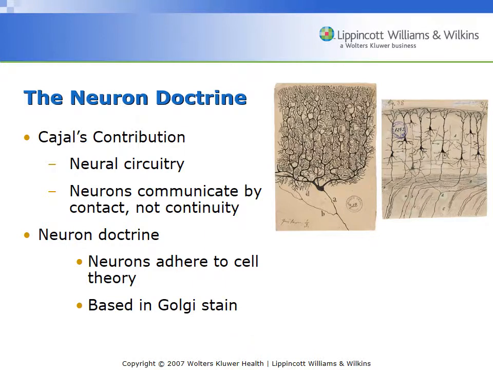Using the technique that Golgi developed in staining, a Spanish scientist, Cajal, in 1888, performed a series of experiments and determined that the cells in the nervous system are actually standalone units, and they basically communicate with each other by contact.